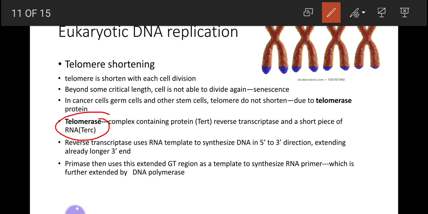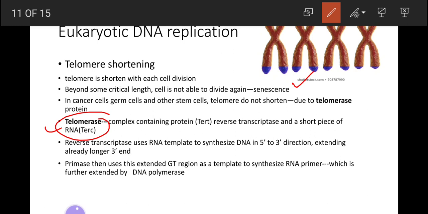Due to the presence of telomerase, telomere shortening does not occur. In somatic cells, the telomerase concentration is very low. Beyond some critical length, after several cell divisions, the cell will not be able to divide again. This is called senescence.